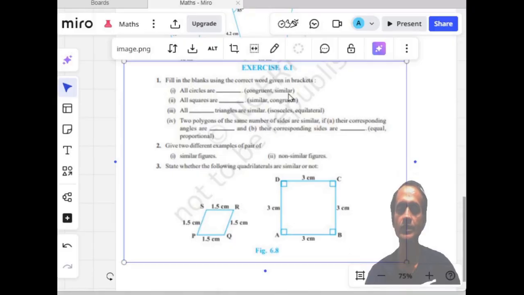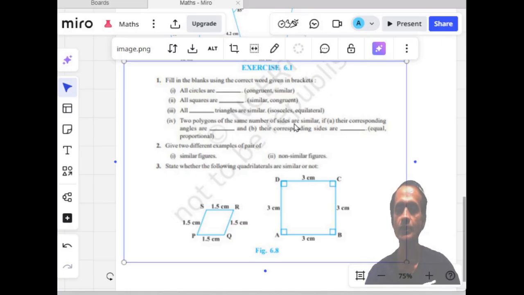Similarly, all squares are also similar. Triangles, isosceles or equilateral, which are similar? All equilateral triangles, because they will always have all the angles as 60 degrees, and sides of course will be proportional.